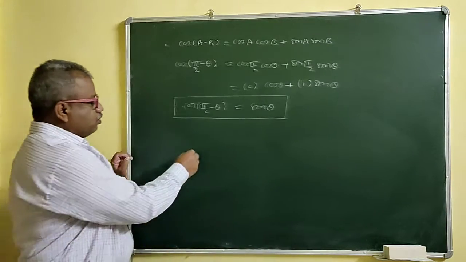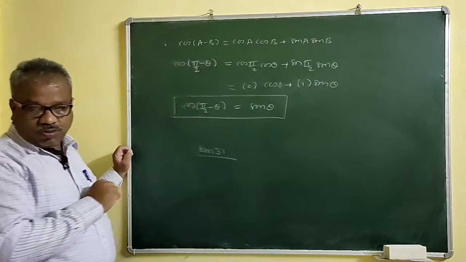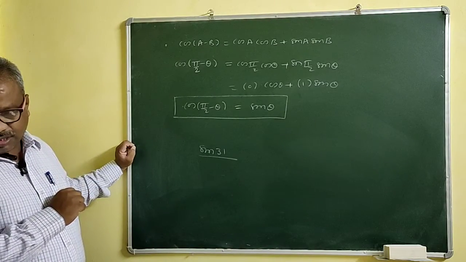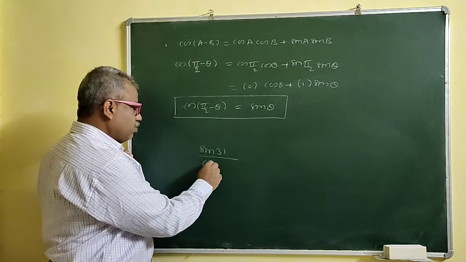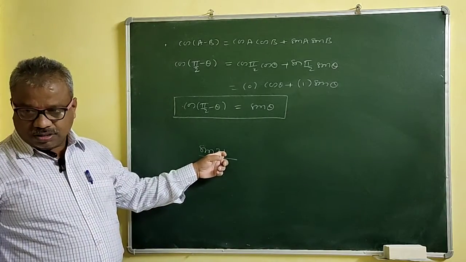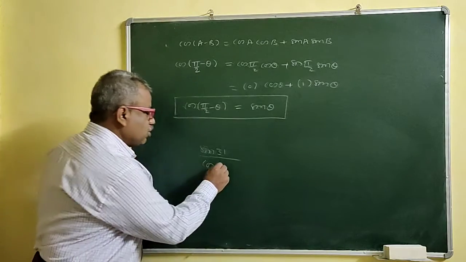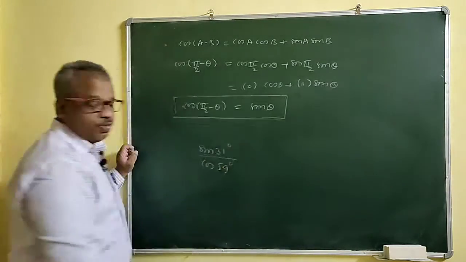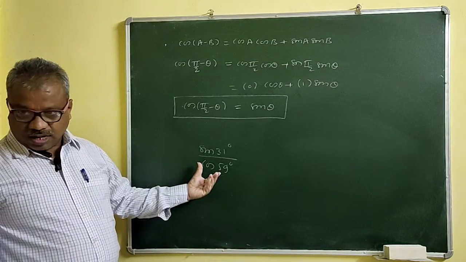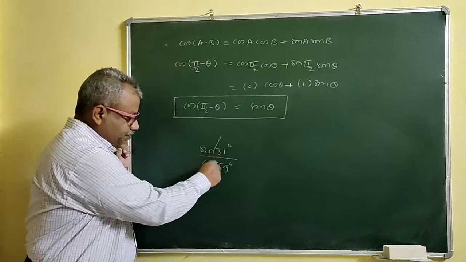That means, suppose somewhere here sin of 31 degrees, because it is not possible to find sin of 31 degrees directly. Now 90 minus 31 is 59. Suppose this 59 is here, and these are both equal.